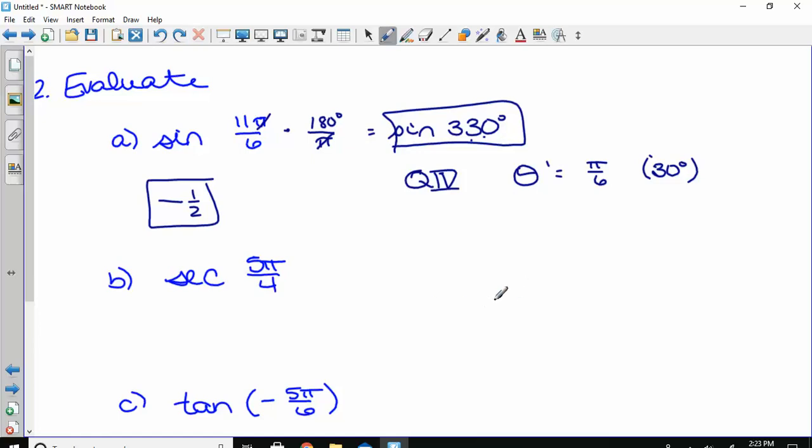So if I said secant of 5 pi over 4, what quadrant is 5 pi over 4 in? Reference angle. It's just pi over 4, which is what in degree form?